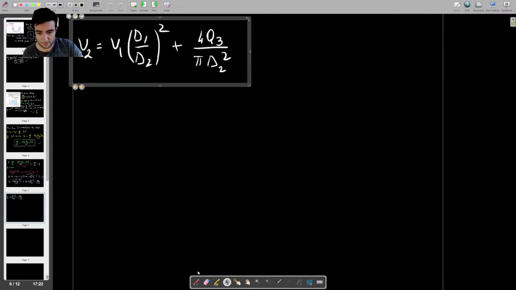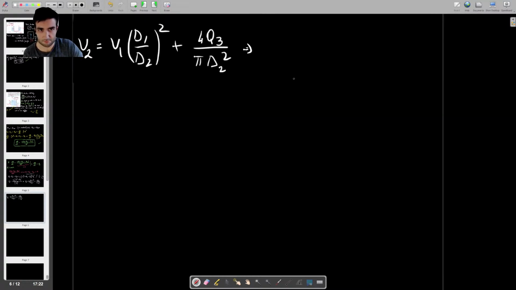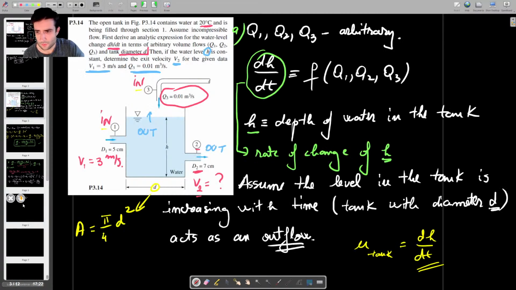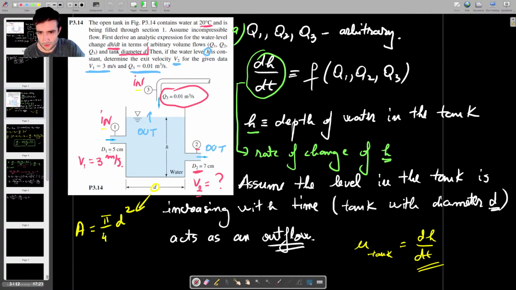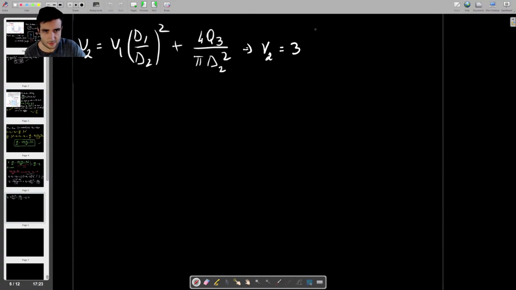So from here we can plug the numbers in. V2 is going to be equal to V1, which was 3 meters per second, times D1 over D2 squared, so this is 5 over 7 squared. The units don't matter in this case, whether I use meters or centimeters, because I divide one by the other.